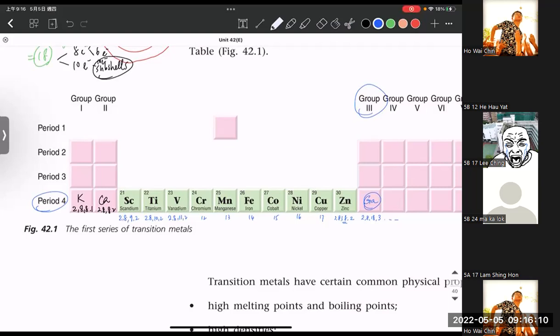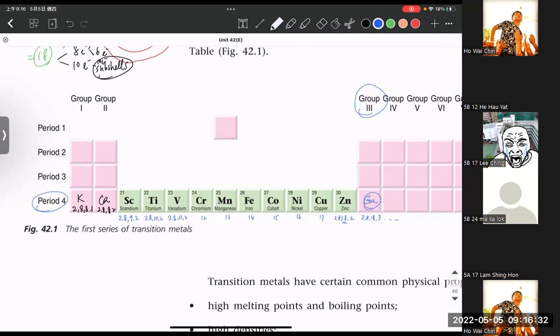It is now in period 4 because it occupies 4 electron shells. Why is it located in group 3? Because its outermost shell electrons number 3. Do you understand? Now, so strange is the transition metals. They seem like they are embedded in between calcium and gallium.